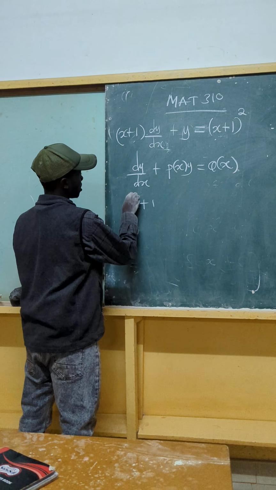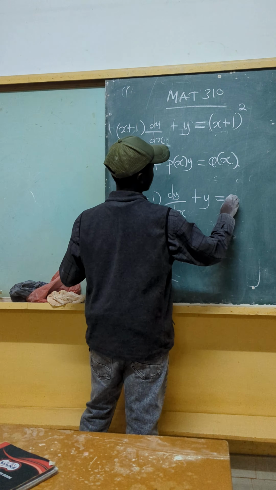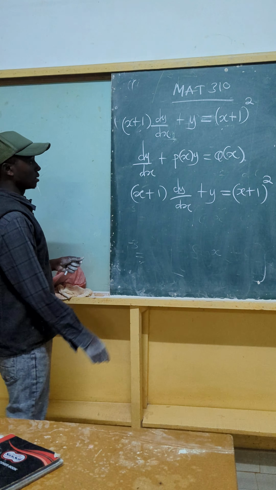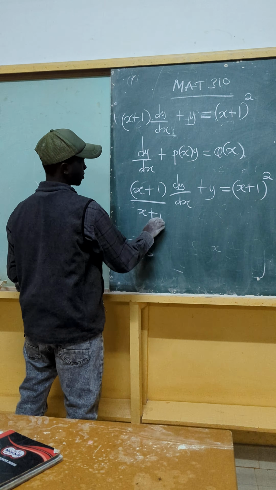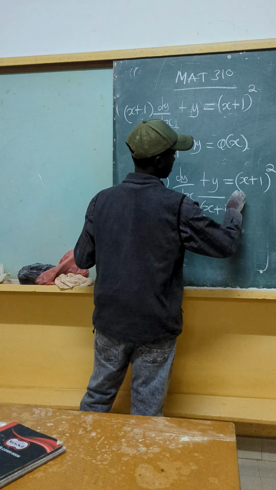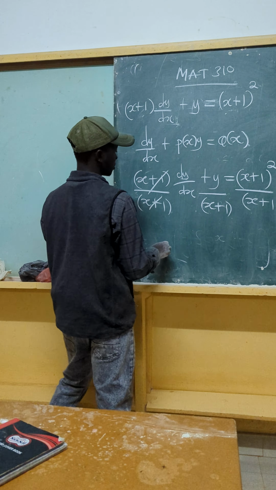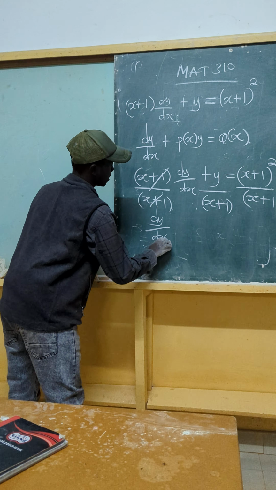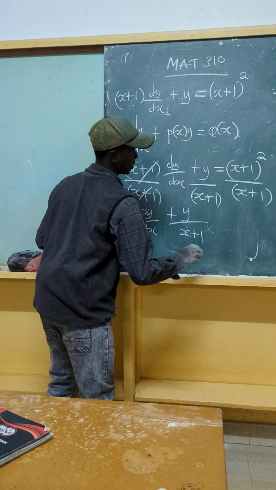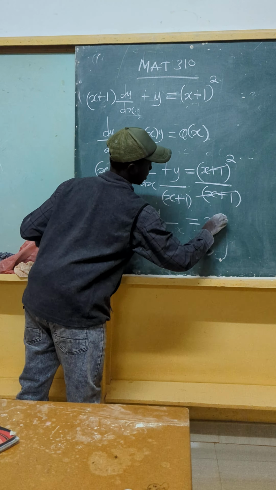So I have (x plus 1) dy over dx plus y equals (x plus 1) squared. So we divide by x plus 1, and also there x plus 1, and there we cancel, so dy over dx plus y over x plus 1 equals, when you divide there, we remain with x plus 1.